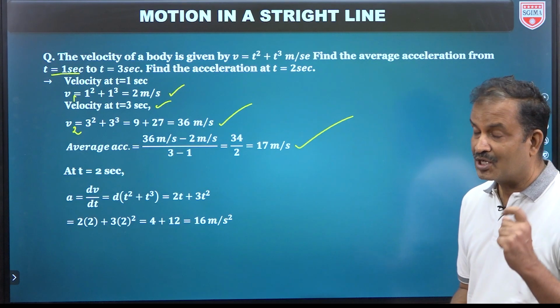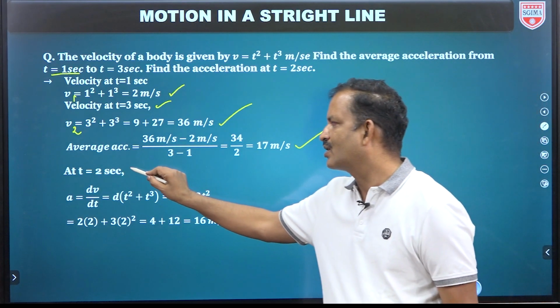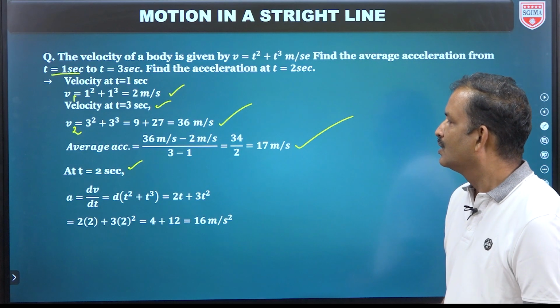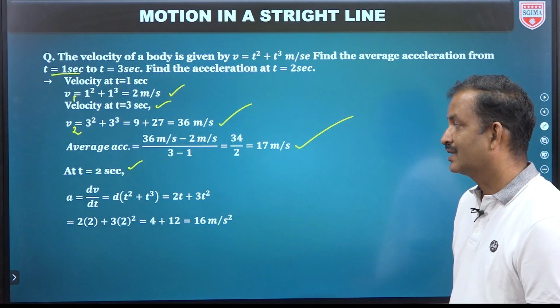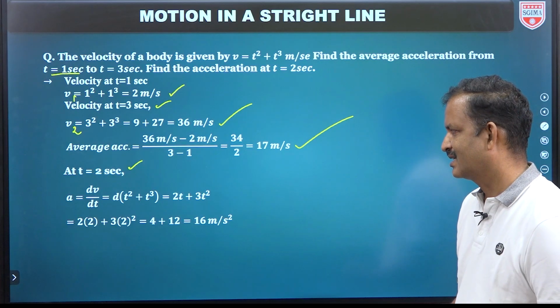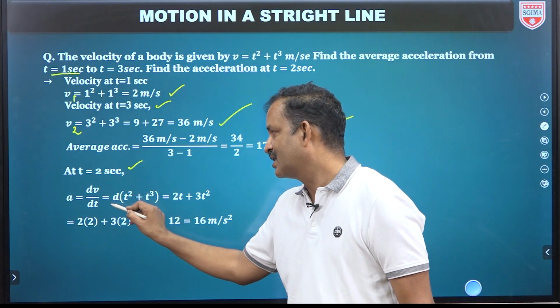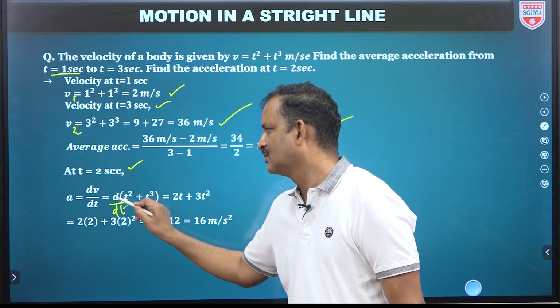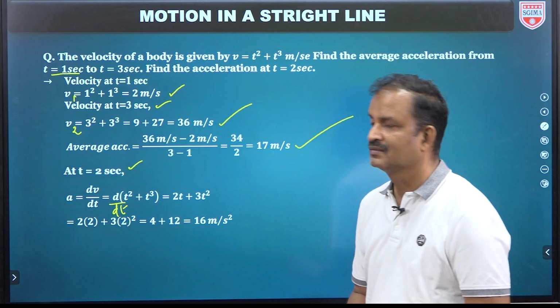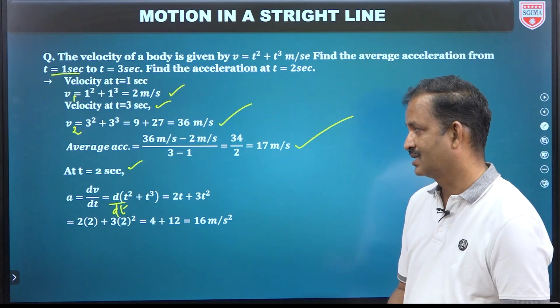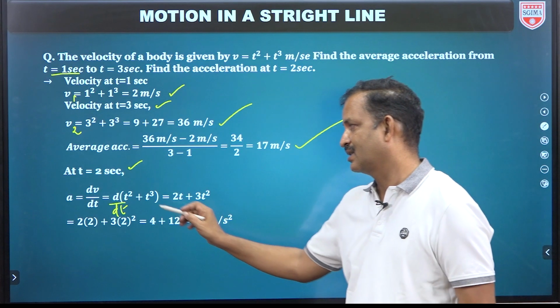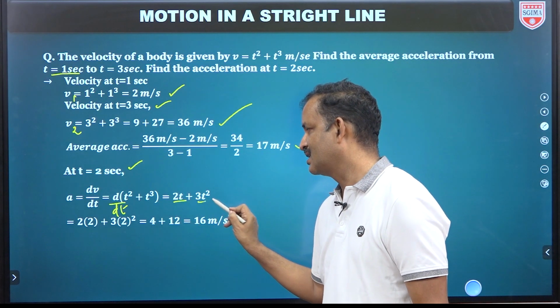But at t equal to 2 seconds you want the acceleration, that is instantaneous acceleration. For that, we have to differentiate the velocity. Differentiation of velocity gives instantaneous acceleration, that is 2t plus 3t square.